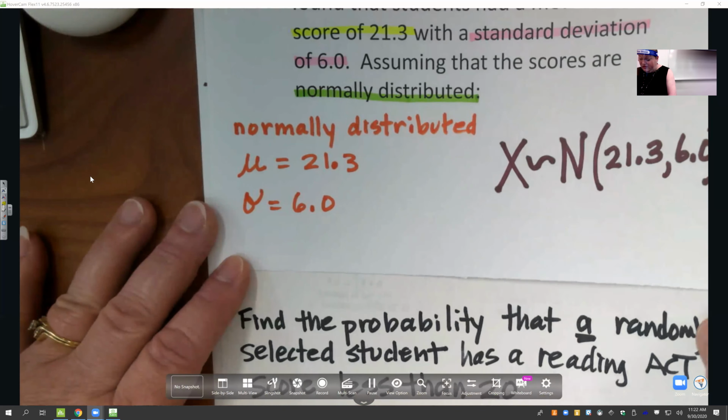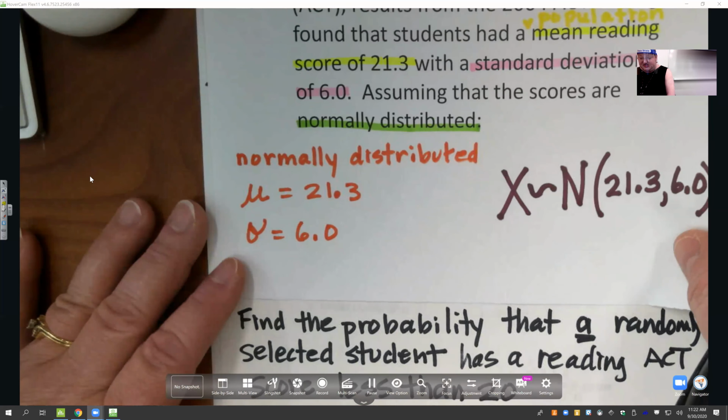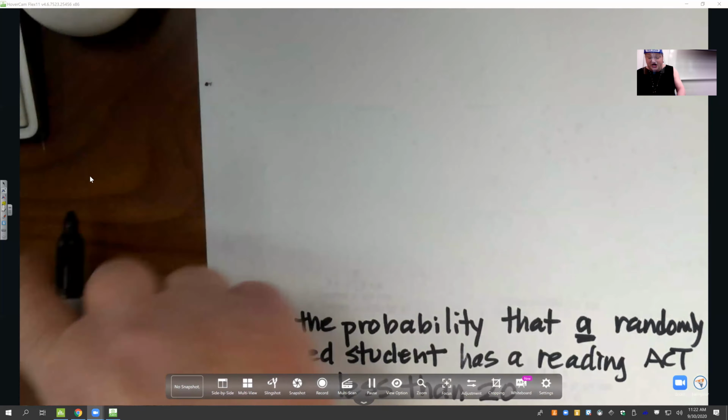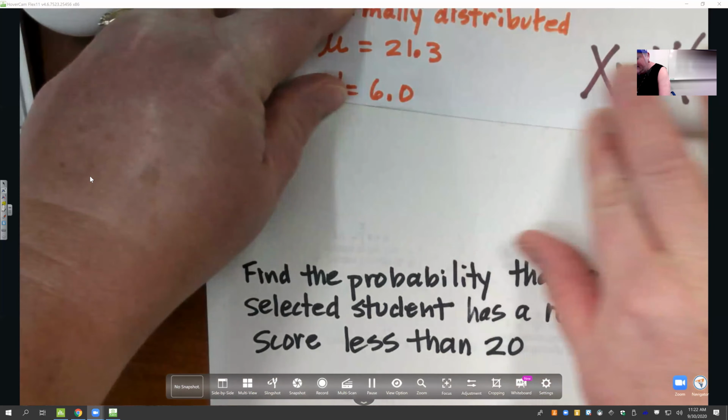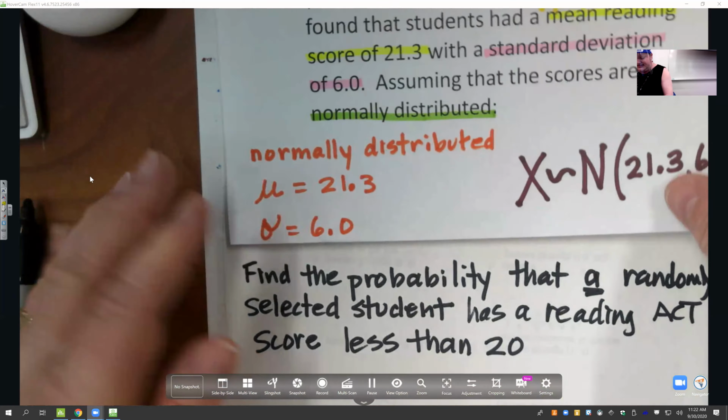Okay, so we want to know what's the chance that a student is going to score less than 20 on the reading ACT.